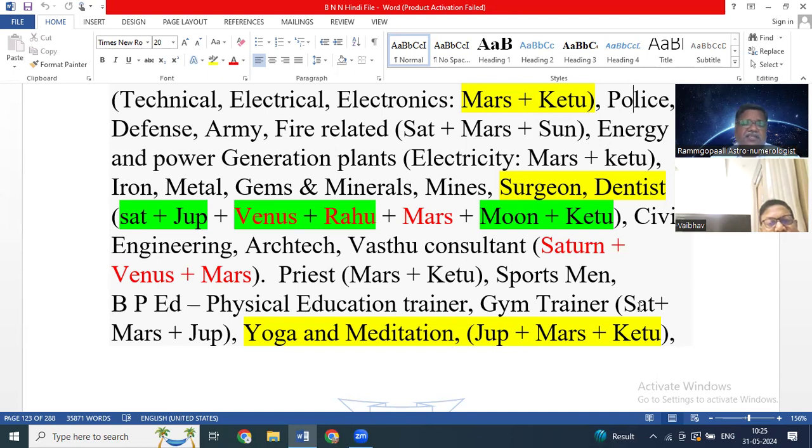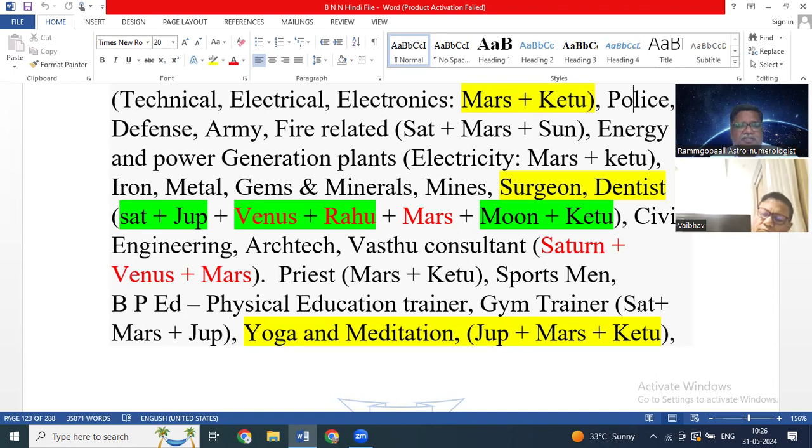So physical education, Deha Karaka. Deha is actually Mars, our physical body. Instruction, physical education trainer also. So here gym trainer: Saturn, Mars, Jupiter. Jupiter is coach, teacher. Mars is the physical education trainer. Saturn is Karma Karaka.